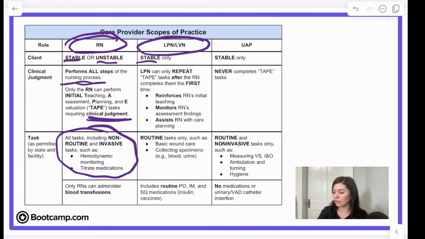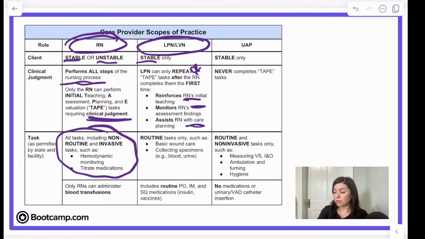So just to further clarify, LPNs can repeat certain tasks if the RN performed them first. So an example, they can reinforce teaching that the RN already provided. They can monitor assessment findings after the RN has performed the assessment. And they can assist the RN with care planning once that registered nurse has developed that care plan.